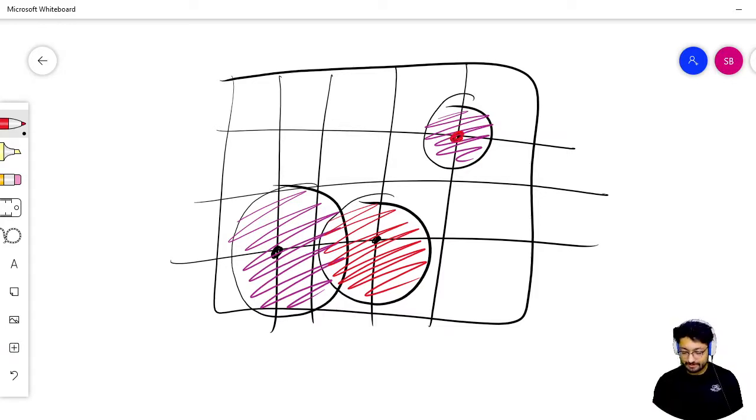Let's say we take this bomb and check whatever bomb it intersects, it will blast. So it will blast no other bomb. So how many bombs will it blast? Only one.